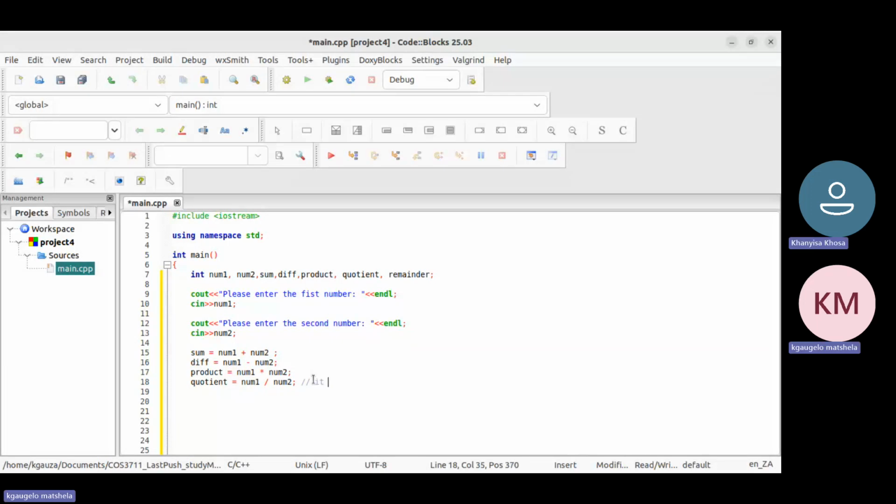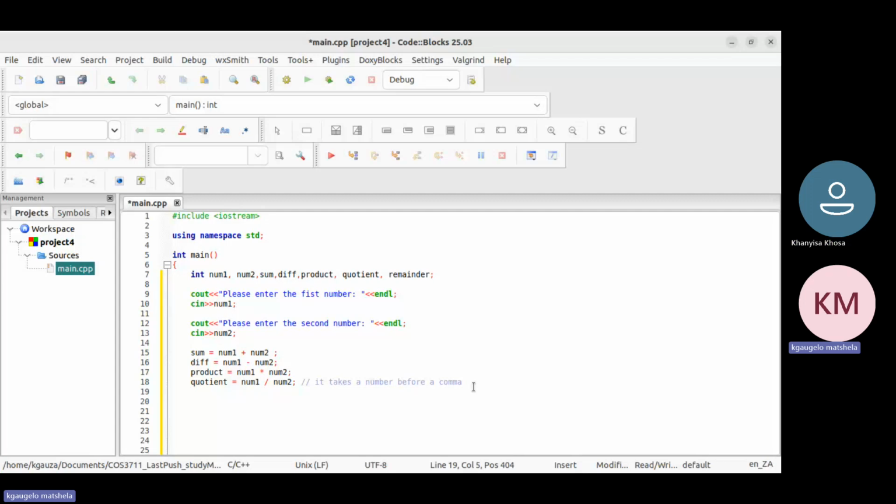So if you divide the two numbers and it has decimals, then the quotient is just gonna take that number before a comma. For example, let's say you have 1.5, then the quotient is only going to be 1. You get me? Yeah, I understand.